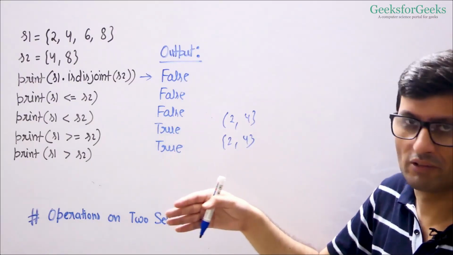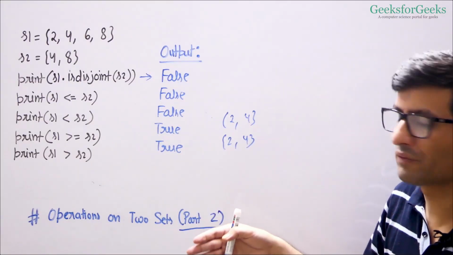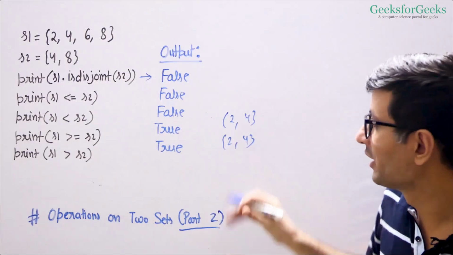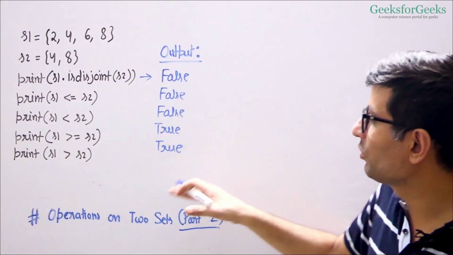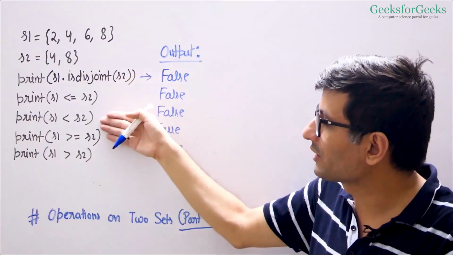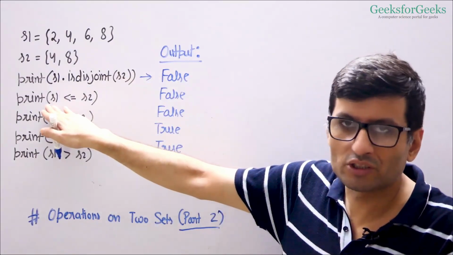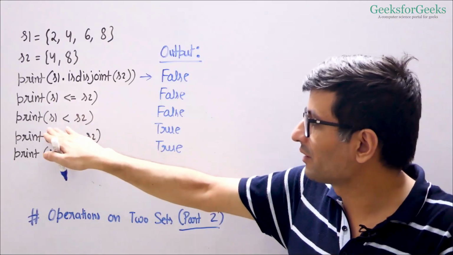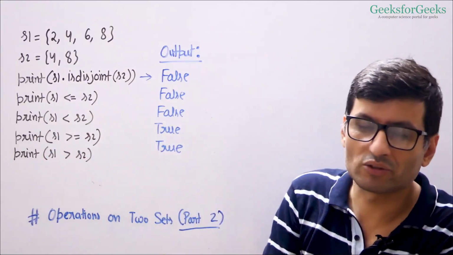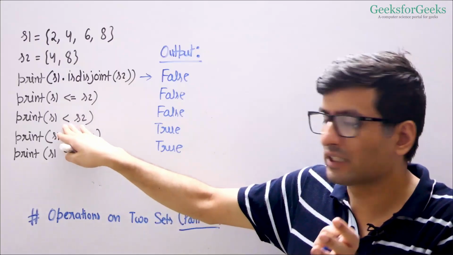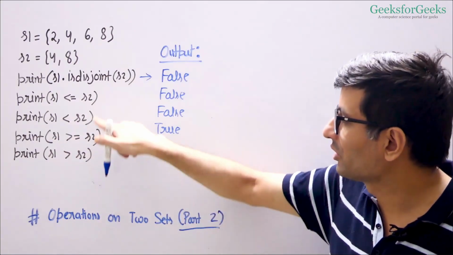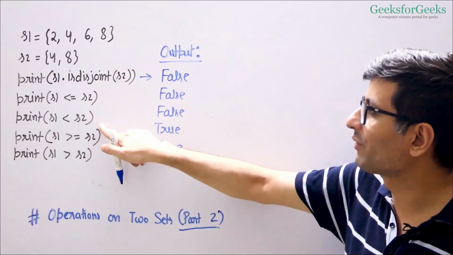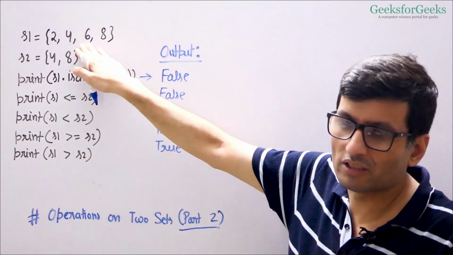The S1 should have less elements and all the elements of S1 should be present in S2, right? This condition is checked in both the cases that all the elements of S1 should be present in S2, but this does not allow equal sets also, right? If you have two equal sets, then it's going to give you false. So both lines in this case are going to give you false because S1 is neither a subset nor a proper subset.